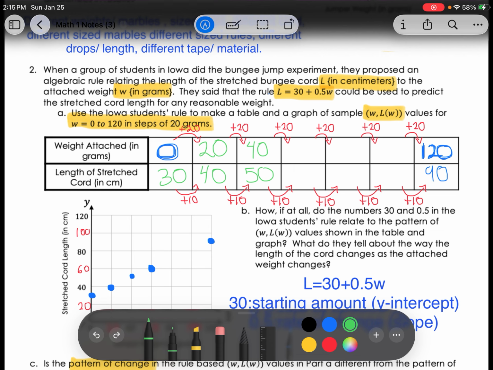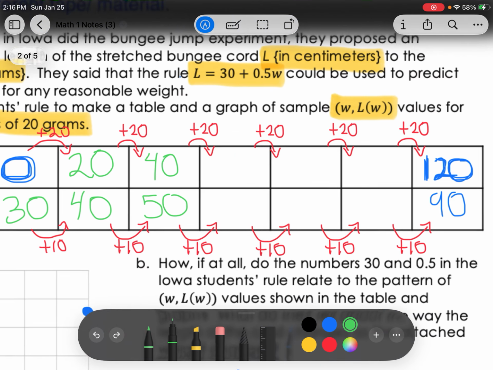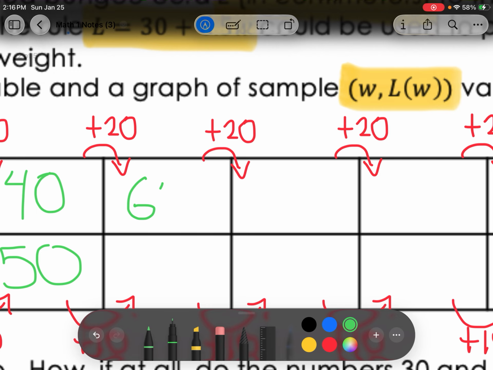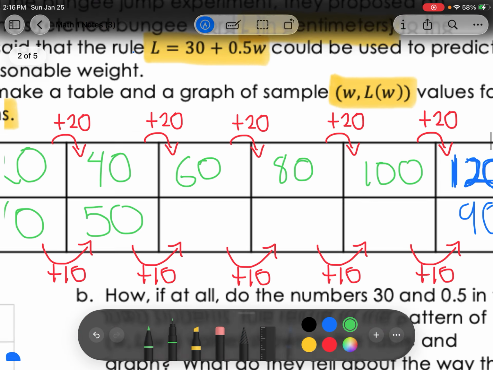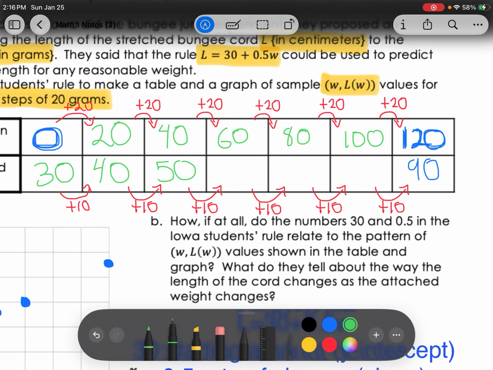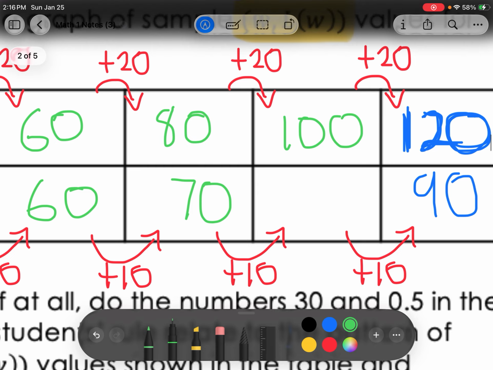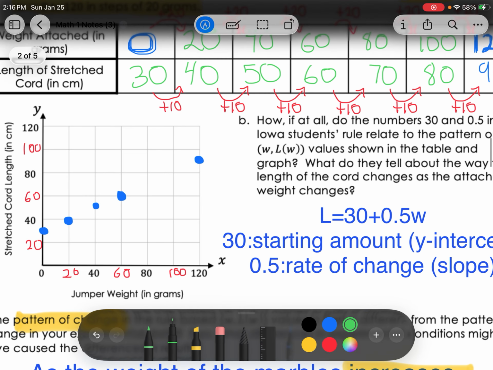We go from 30 to 40 to 50, seeing the pattern, increasing by tens, people. We got 60, 70, and 80.